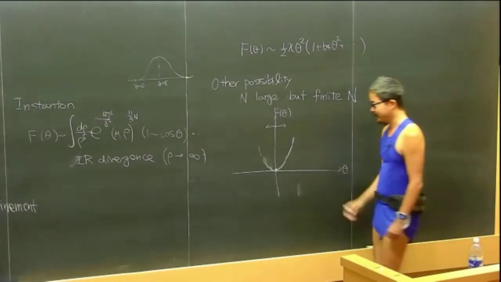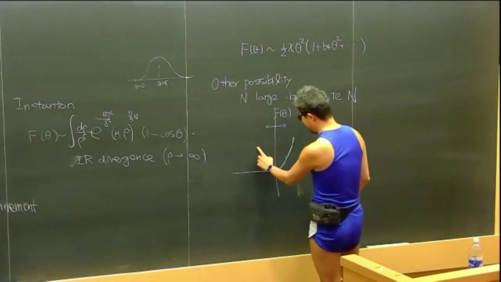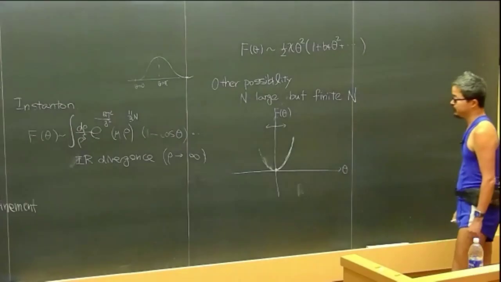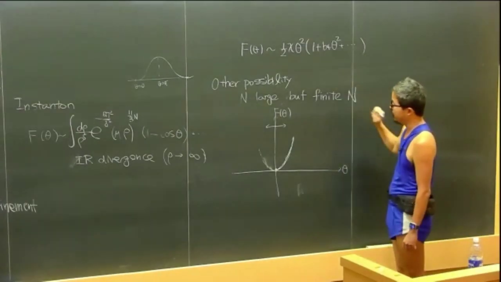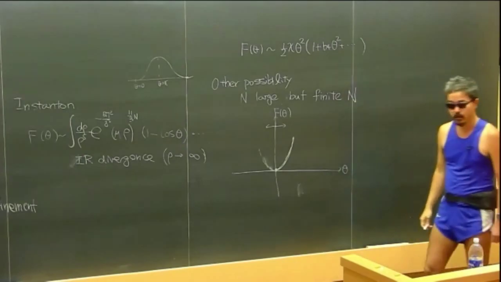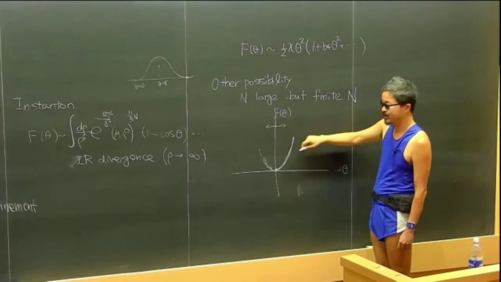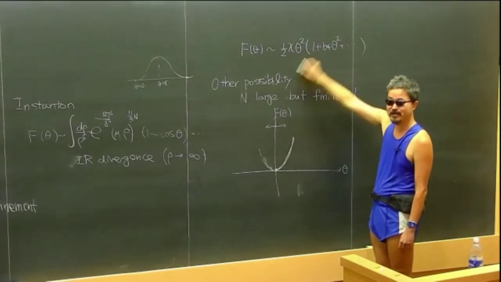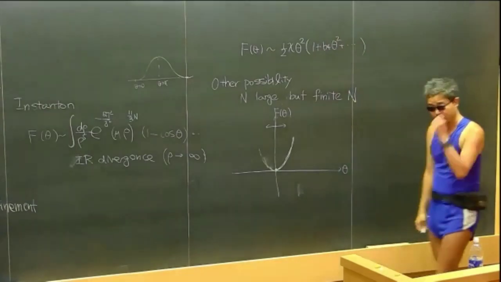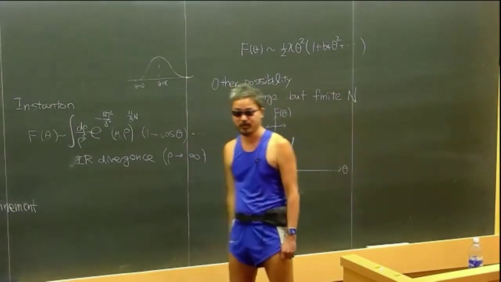Let's see. But maybe before coming to that, it starts with a quadratic function, and then you try to discuss the finite N case. And it keeps going, but at least at some point it should saturate somewhere. It shouldn't keep growing quadratically because it means that energy goes to infinity, which sounds very bizarre. There should be some cutoff scale, and then there is a natural scale, which is like a dynamical scale of the theory.